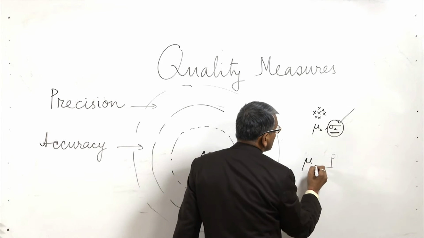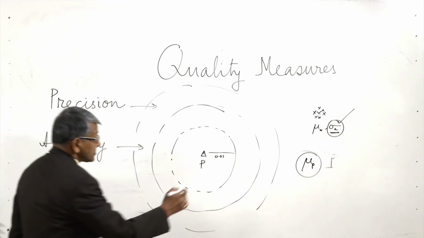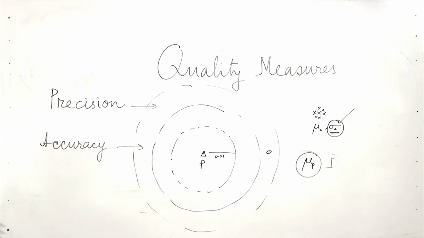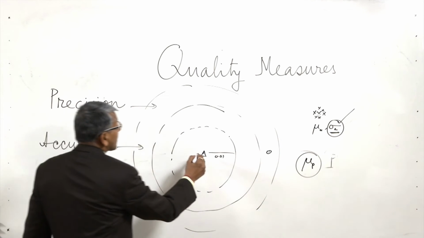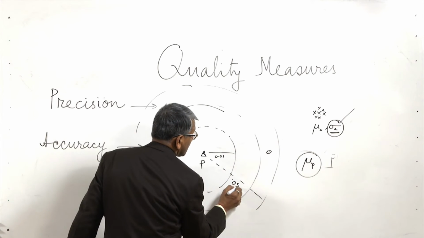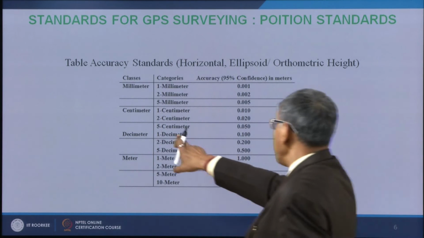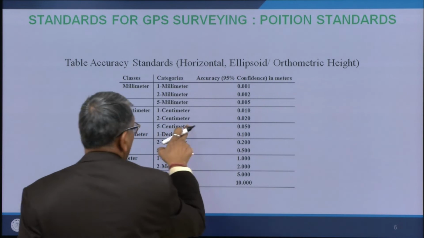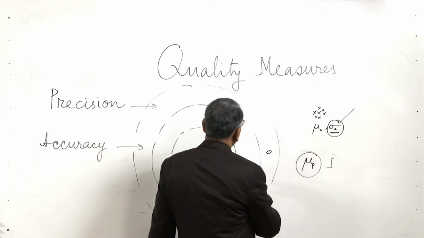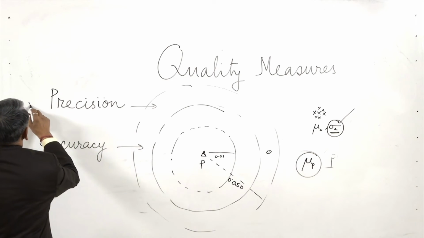Suppose this is the position I got for a location, and it falls within this circle, somewhere here. Suppose the radius of the circle is 0.05. So, I can say that the accuracy of the position is 5 centimeter. In that way we can define the quality of our position.